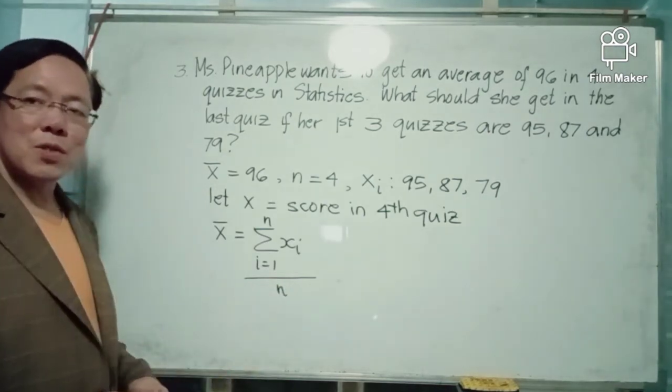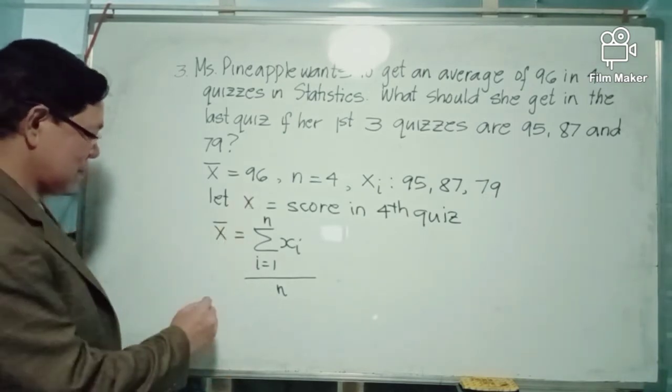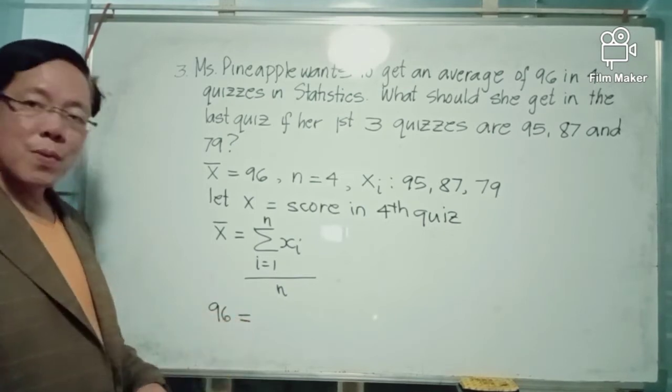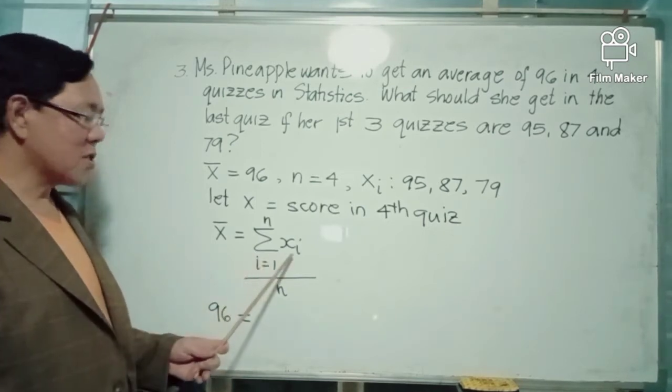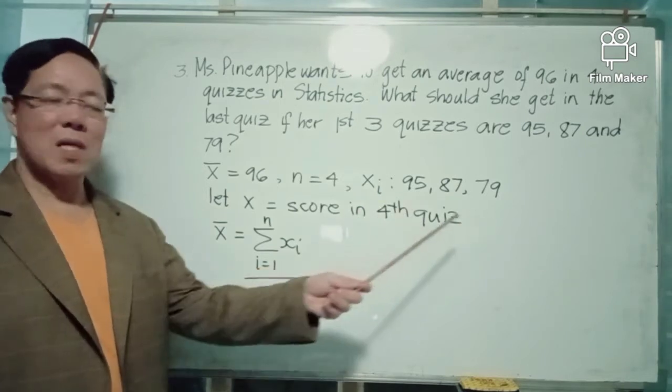We now substitute x bar equals 96 is equal to, we add the summation of the values, the 4 quizzes of Miss Pineapple.